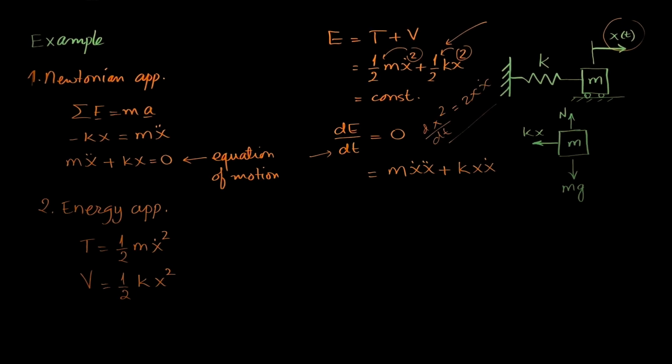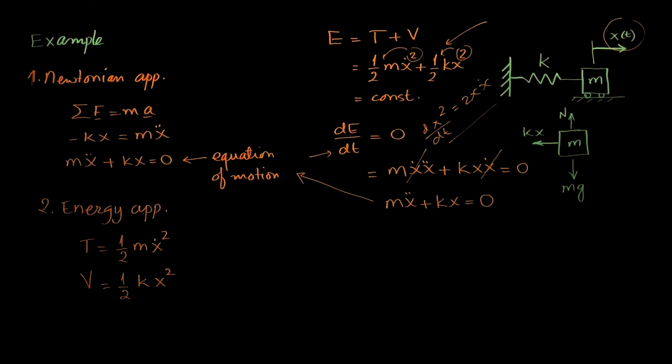So here's the final equation, and we notice that we have x dot common, so I can cancel x dot, and the final equation is m x double dot plus kx is 0, and this is also the same equation of motion that we got from the Newtonian approach.